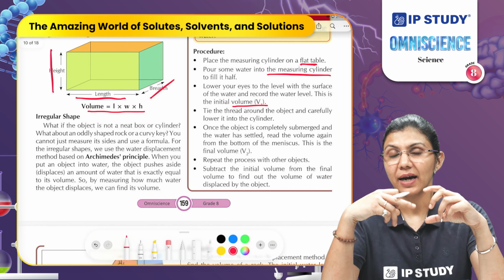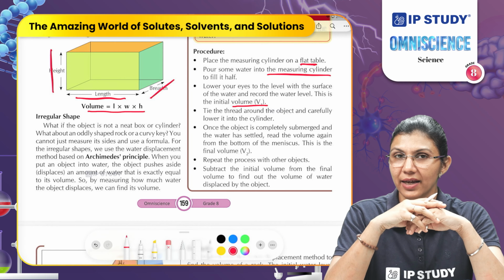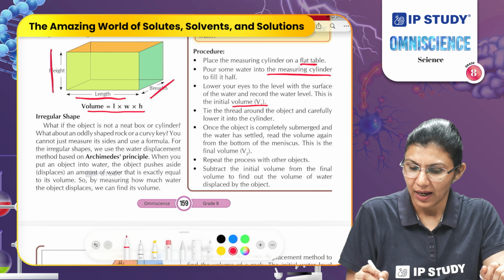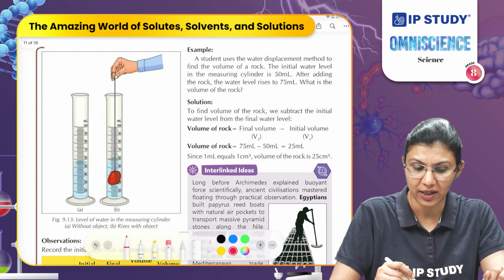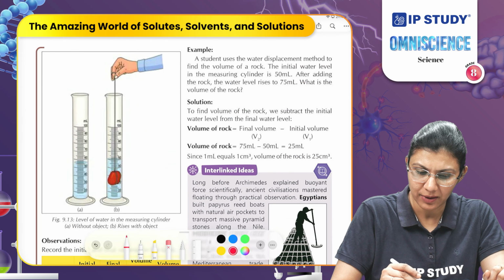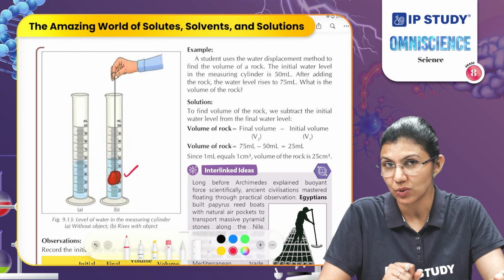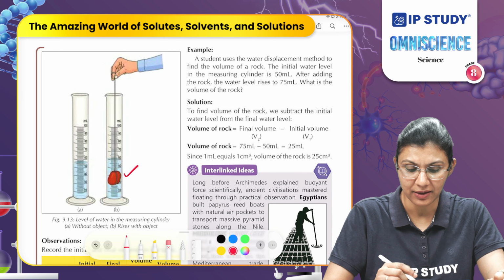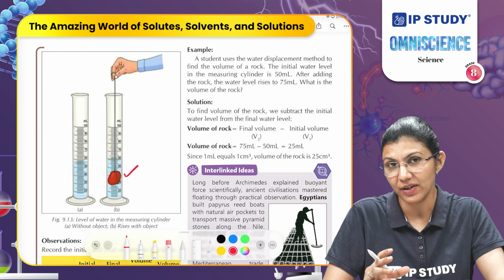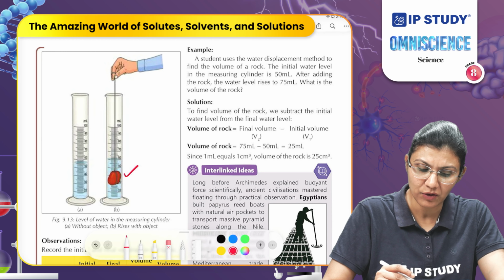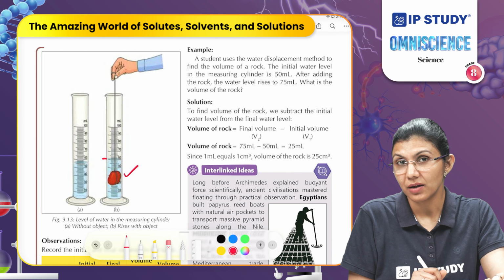Now, tie a thread around the irregular shaped object, like a pebble or stone, and carefully place it in the cylinder which is holding the water. As soon as you drop this pebble in the measuring cylinder, it will start sinking in the water due to its heavy density, and the level of the water will rise slightly in the liquid column.